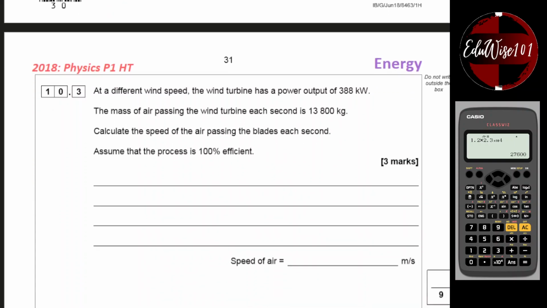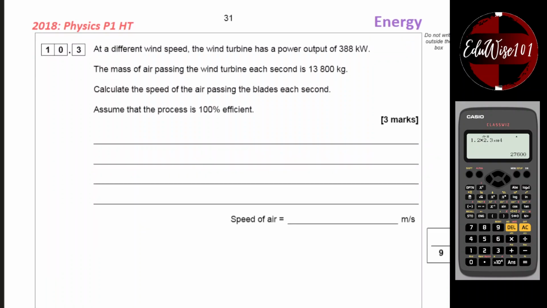Question 10.3. At a different wind speed, the wind turbine has a power output of 388 kilowatts.